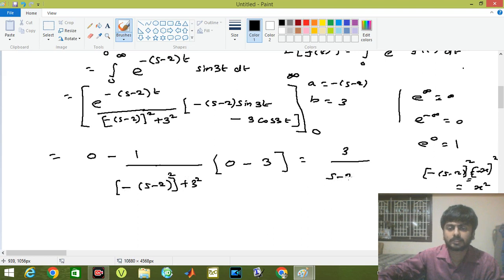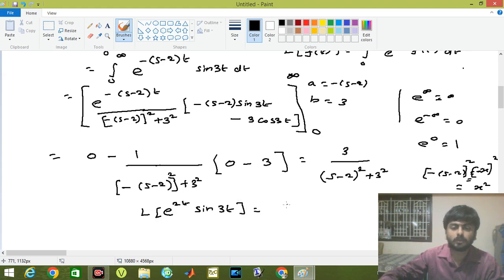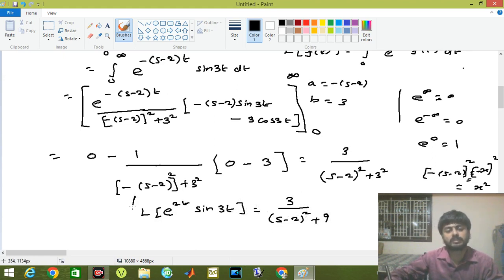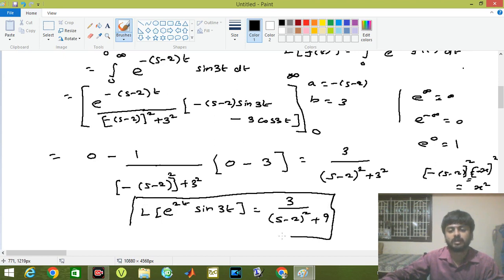So we will have s minus 2 the whole square plus 3 square. That is our final result: L of e power 2t sin 3t equal to 3 divided by s minus 2 the whole square plus 3 square, that is 9. So this is our final result.